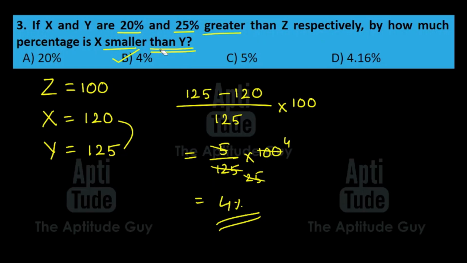But greater than X, that means with respect to X. So X will be in the denominator that time, that is 120, and 5 by 120 into 100 is equal to 4.16%. Alright, so be very mindful about what it is with respect to. Than what? With respect to what? That thing should come in the denominator.